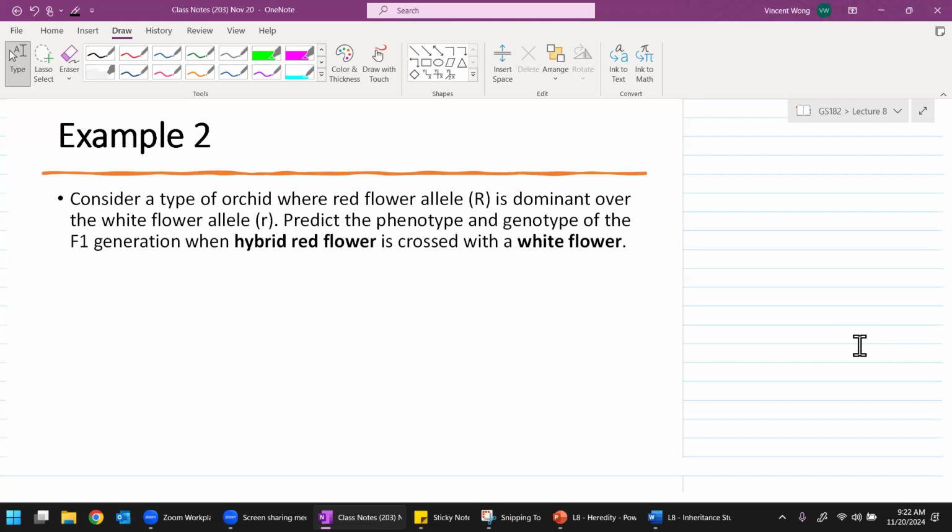So write down the parents. What's the parent? Something cross something. What is it? What color is it? Right. Okay, so again, what's the genotype? So we need a hybrid red. What's a hybrid red?